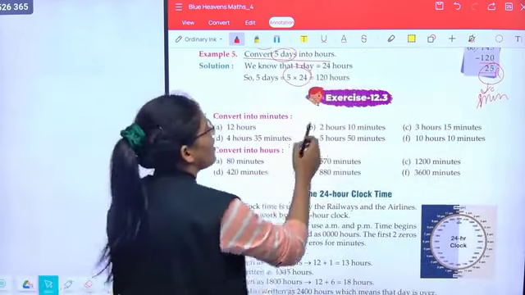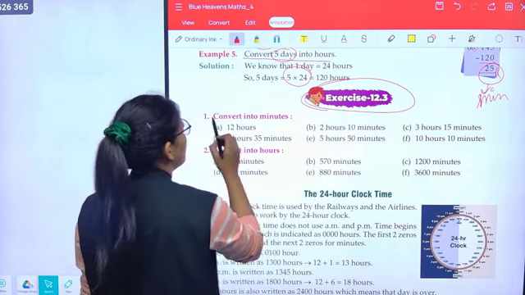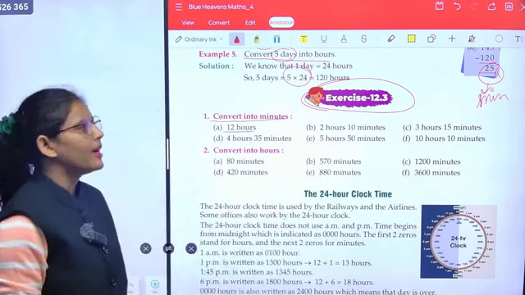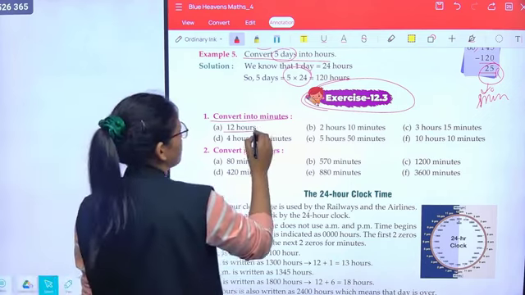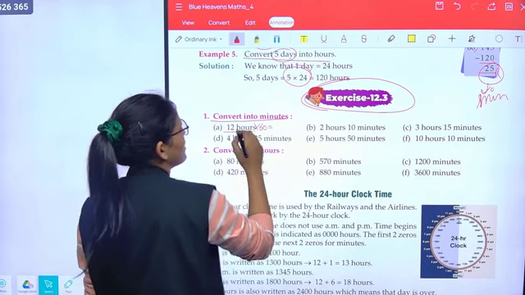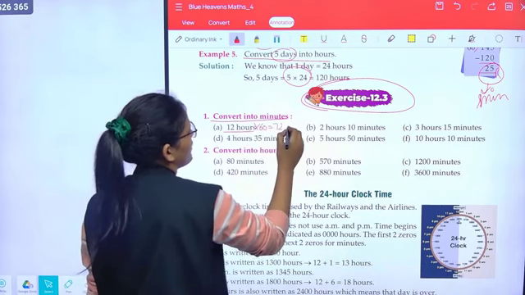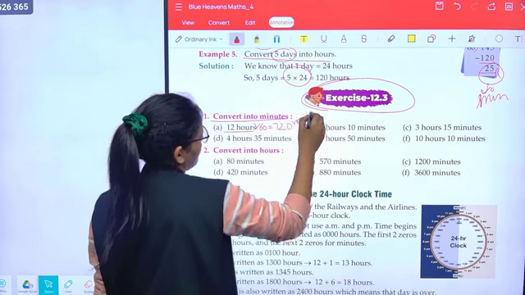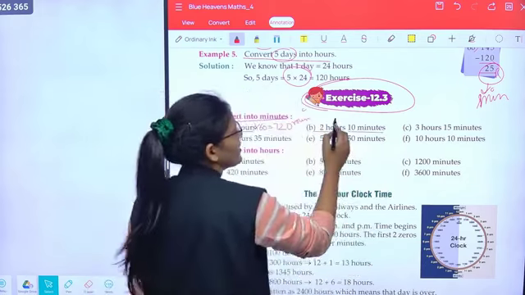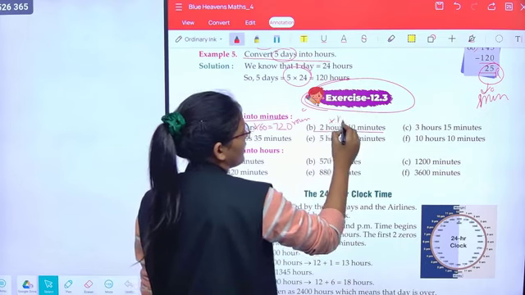hours. Now come to the exercise 12.3, convert into minutes. 12 hours into minutes. So hours को मिनट में करने के लिए हम क्या करते हैं, मल्टीप्लाई by 60. Now 12 sixes are 72, 720 minutes. Similarly, now 2 hours 10 minutes. अब ये पहले से मिनट्स है, हम 2 hours को मल्टीप्लाई कर देंगे 60 से.